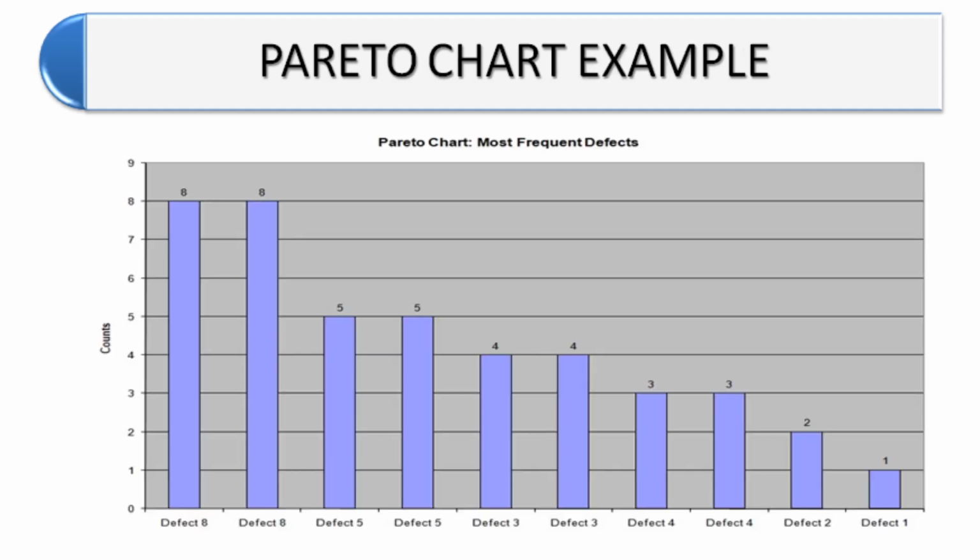So the Pareto chart looks like this. I have said over here it is for most frequent defects, so those defects which occurred most frequently, I have plotted in this way. Defect number 8 occurred 8 times. The number of counts is represented on the y-axis, and the type of defect I have represented on the x-axis.